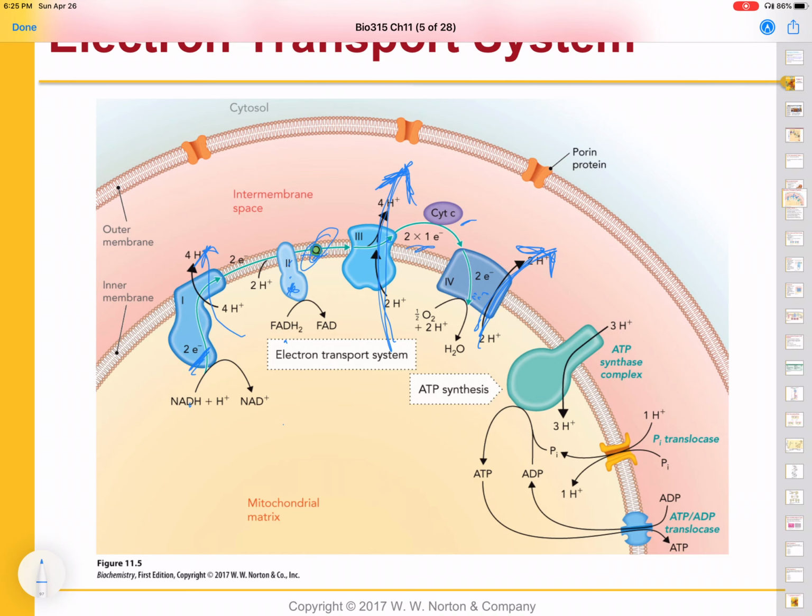At the same time, this electron now gets linked up with oxygen to form water.